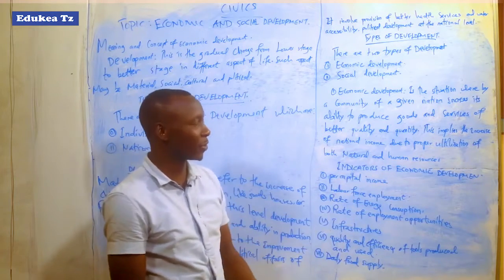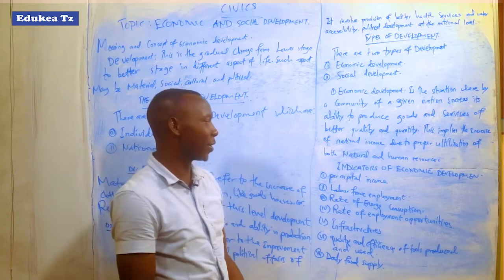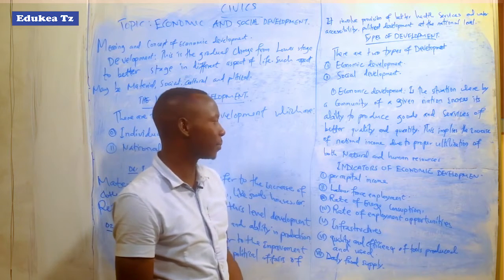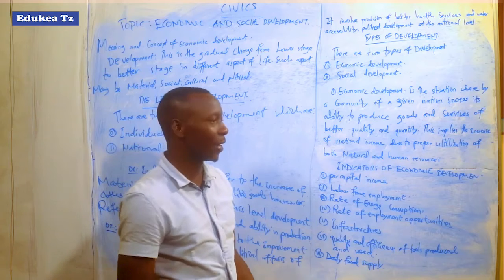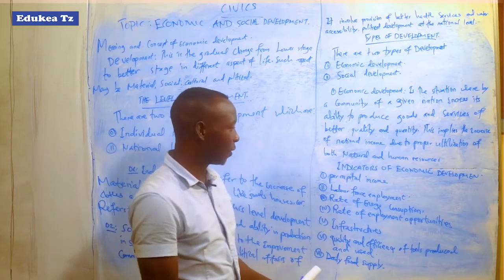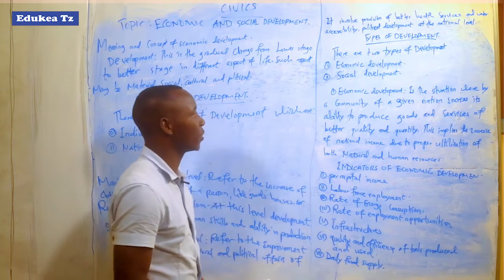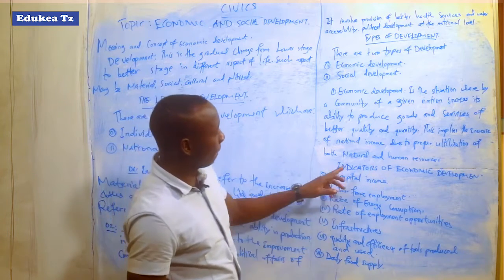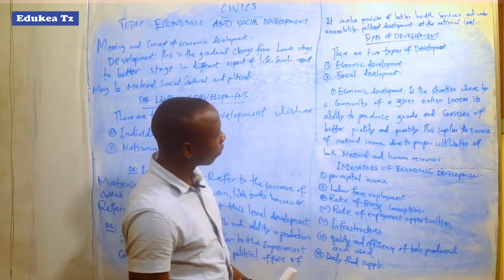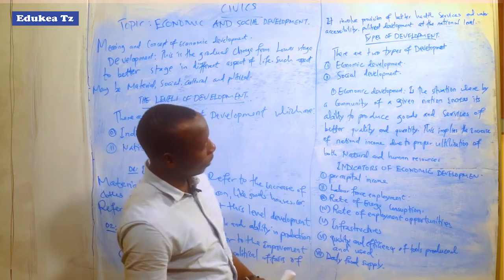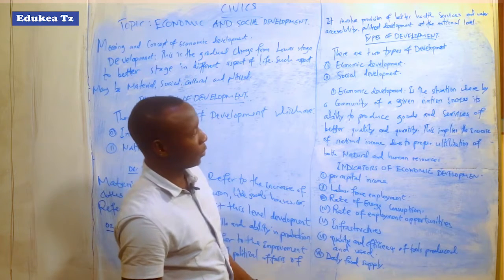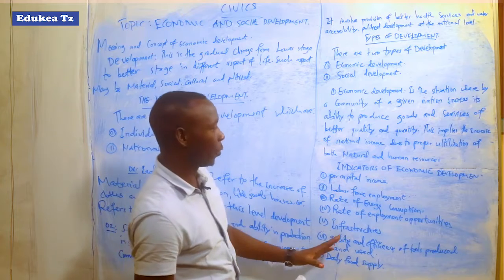But natural resources are those resources like gold, copper, diamonds, and gas, which are found within a certain country. That is all about natural and human resources. So we are talking about economic development.